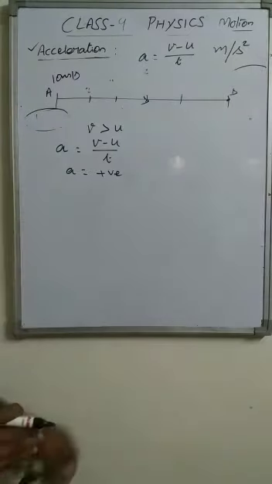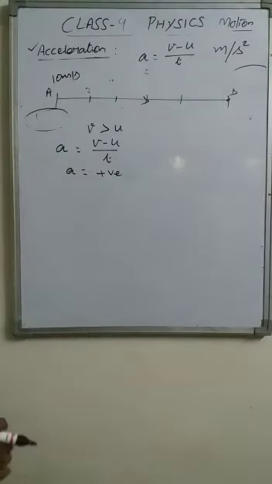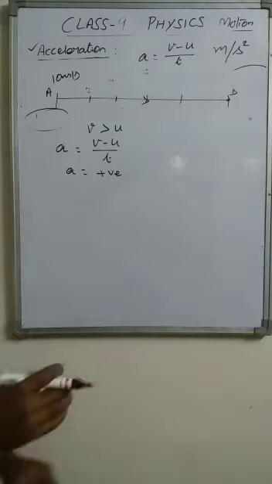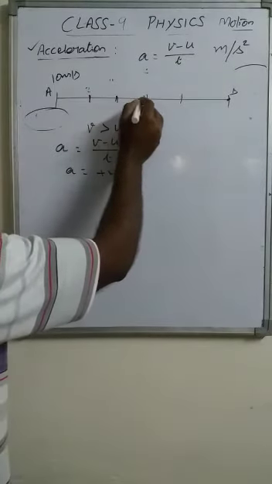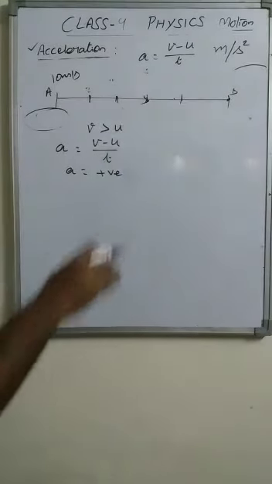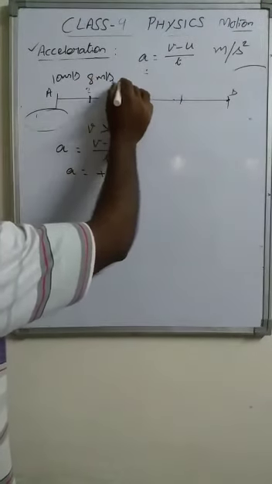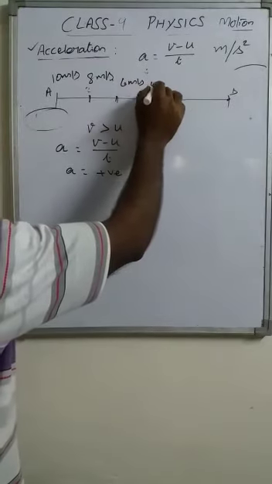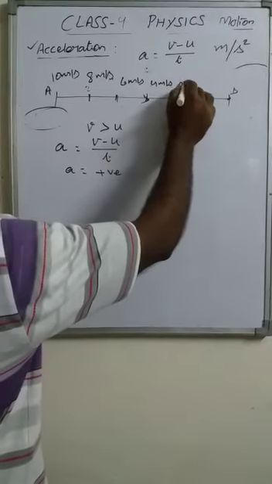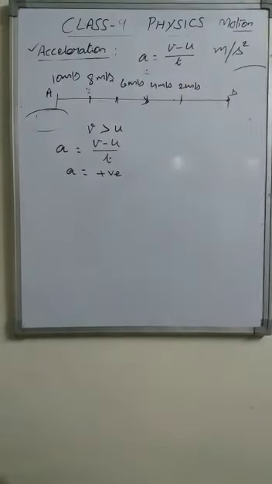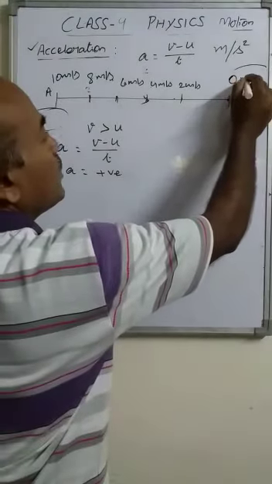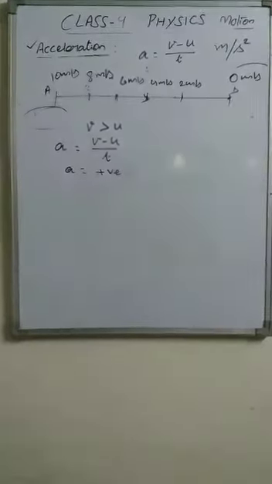And from this point, the driver applies the brake. While we apply the brake, definitely the speed decreases. Suppose the speed is decreasing in this way: 8 meter per second, 6, 4, 2 meter per second. Like this it is decreasing. Here it comes to 0 meter per second, that means it comes to rest.